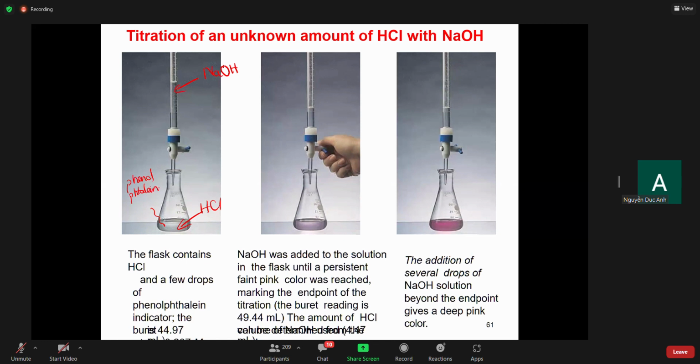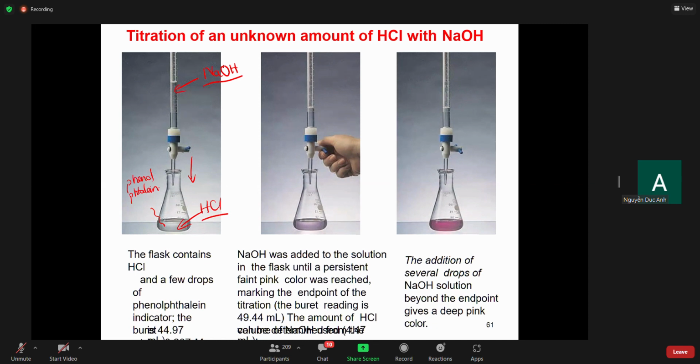The phenolphthalein is the indicator. So you use the burette to continuously, slowly drop the sodium hydroxide into the hydrochloric acid.